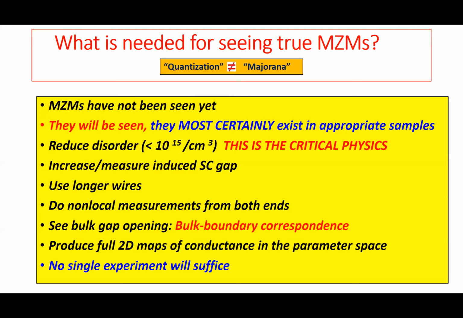So all the numbers have to be sub-meV, because the superconducting gap is 100 microvolt. Chemical potential is maybe 1 to 2 millielectron volt. So disorder has to be smaller than that. And in the current samples, disorder is mostly of the order of 10 millielectron volt. Now you may say, why can't they increase the chemical potential? That would be a natural question.